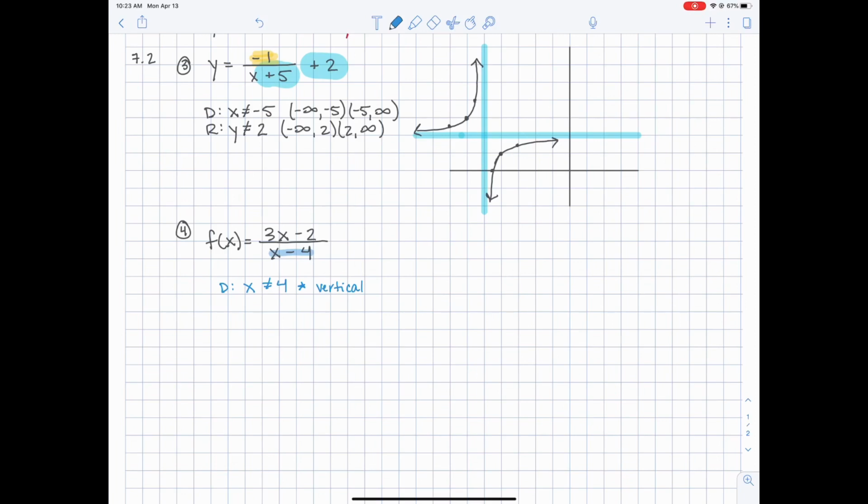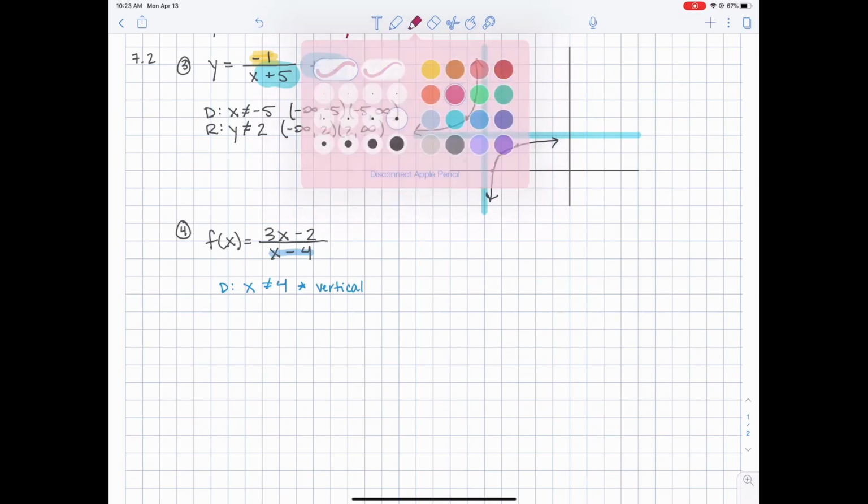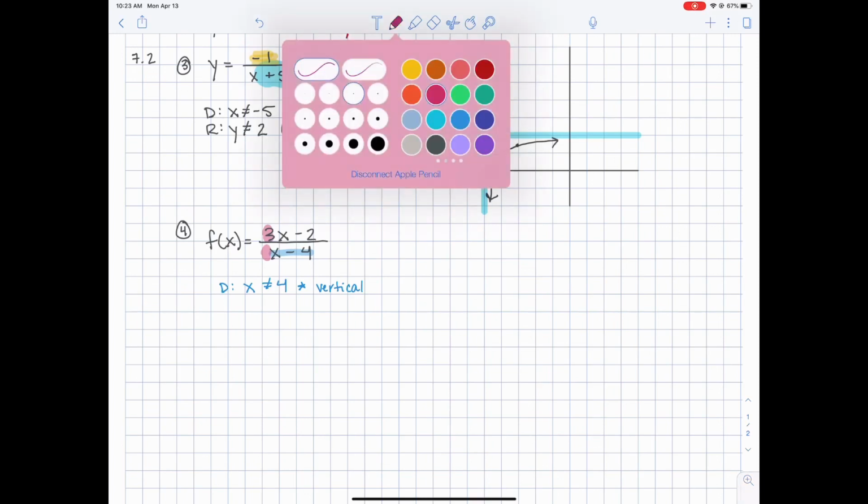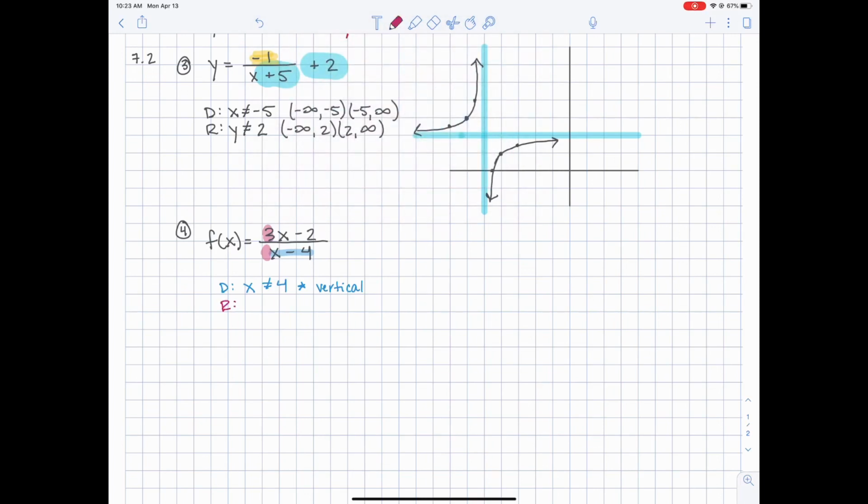Then I'm going to talk a little bit about my range, or my horizontal asymptote, and that comes from this number over this number. So if I'm looking for my range, I know that y cannot be 3 over 1, also known as 3, and this is my horizontal.